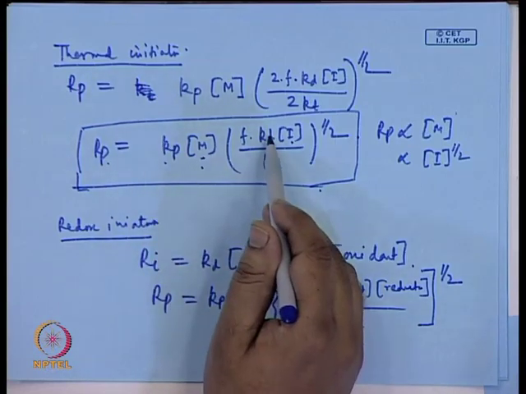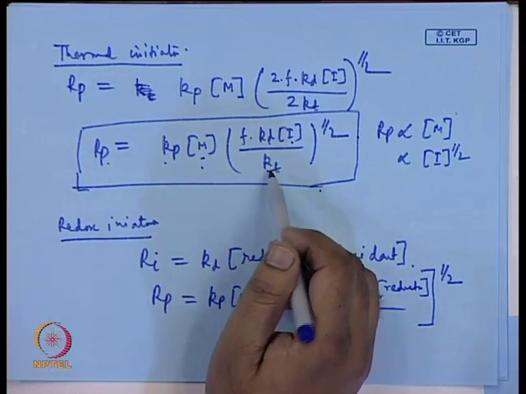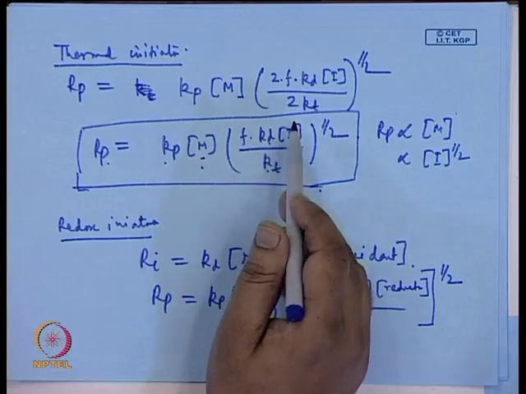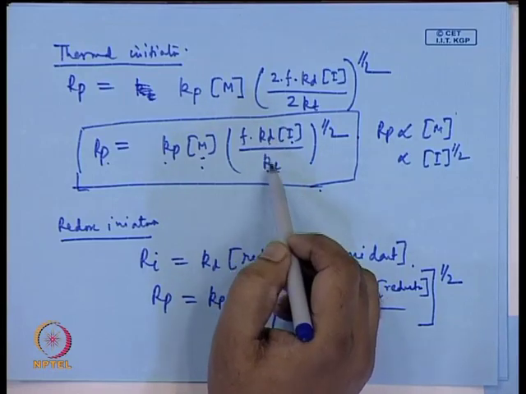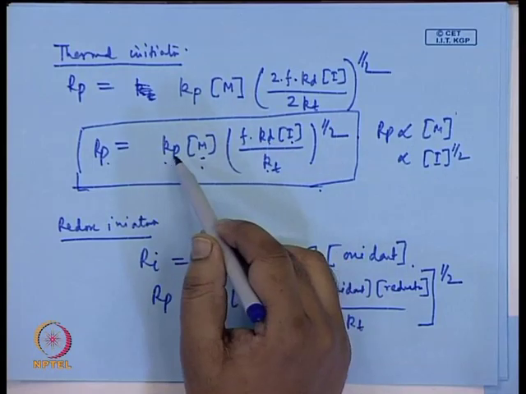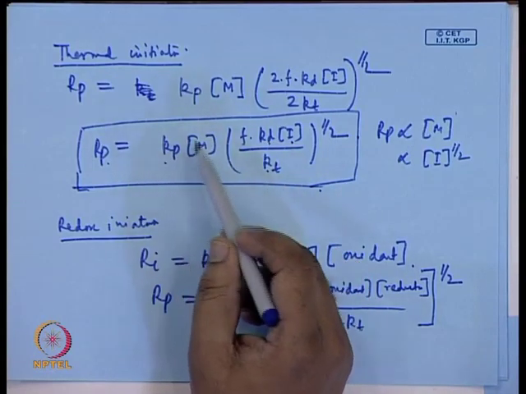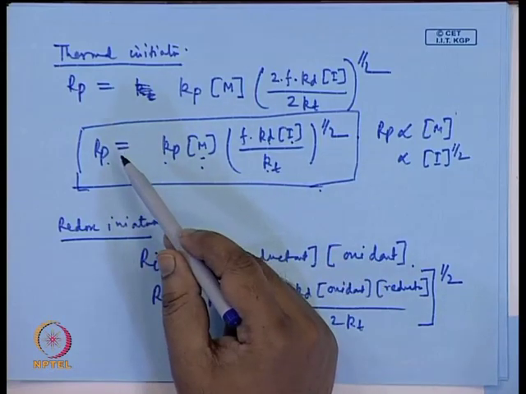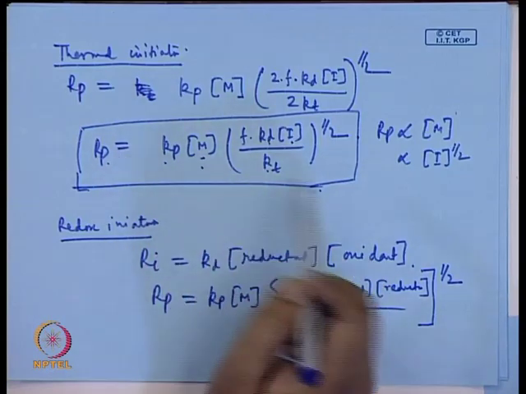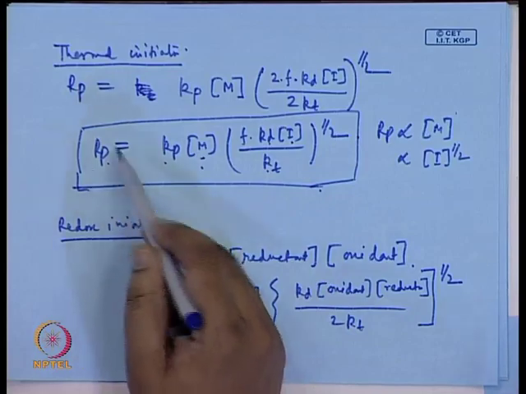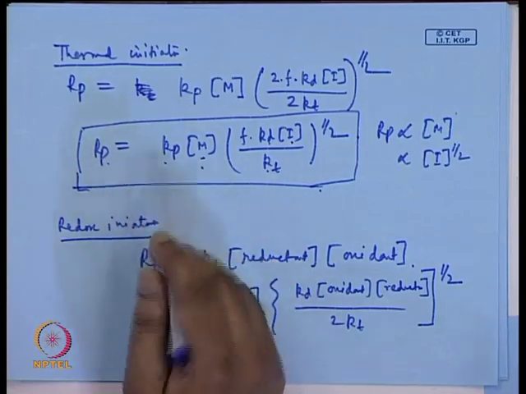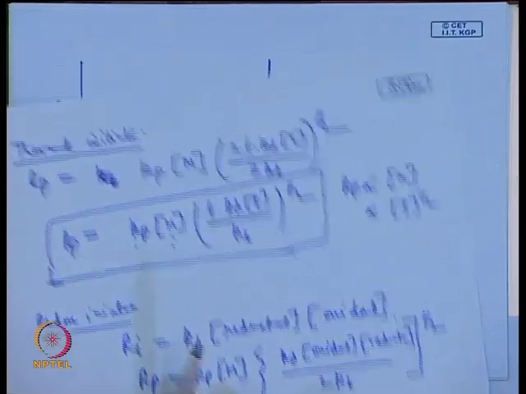And it will depend upon the temperature. If you increase the temperature, then depending on how it affects the values of Kd, Kt and Kp, the rate will vary. Now, we will come in a later lecture to the effect of temperature on the rate of polymerization.